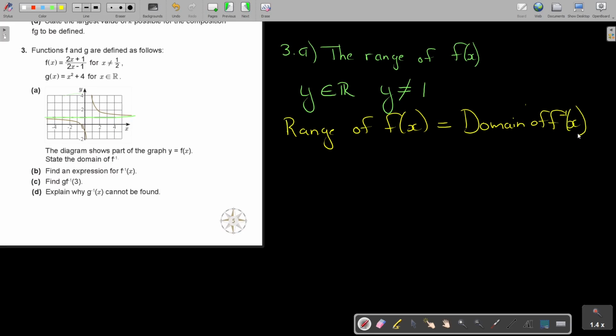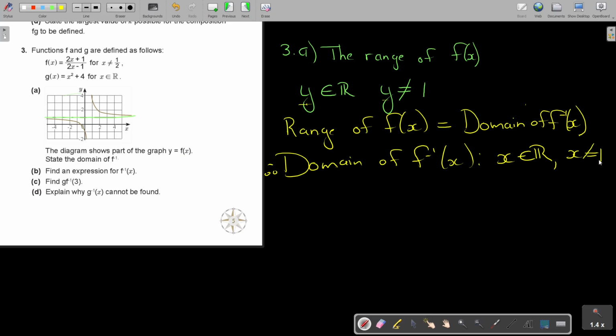So if I want the domain of f^-1(x), I'm going to say x is an element of real numbers, but x might just not be equal to 1, and that's how I do it.